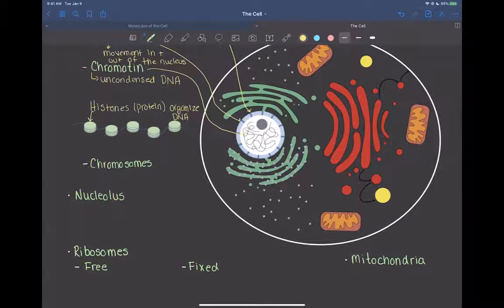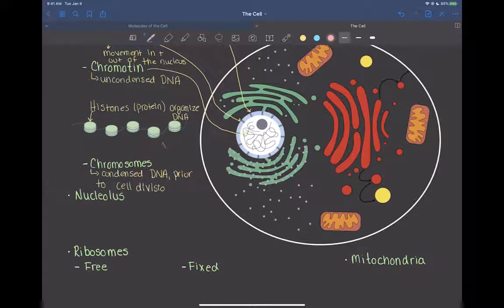All right, so when the DNA condenses, and the only time it'll do this is when the cell is about to divide, it is called a chromosome. It condenses into a chromosome, condensed DNA, prior to cell division. You guys have probably seen pictures of chromosomes.